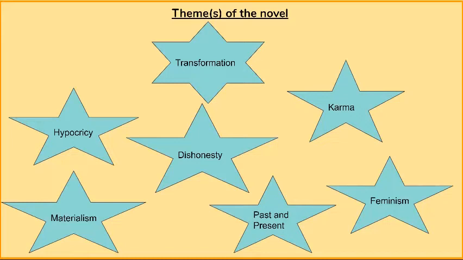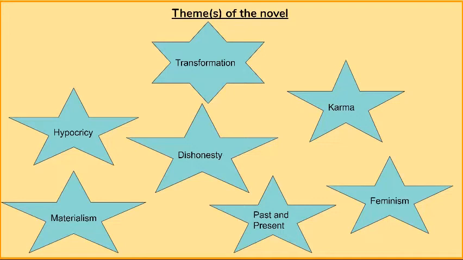Raju's greed leads him to lose Rosie, his money and his influence, and in the end he has to pay for all this, and he lands up in jail. Next theme is materialism. Raju hankers after money and does not value any emotion or feeling. He is just crazy for money.